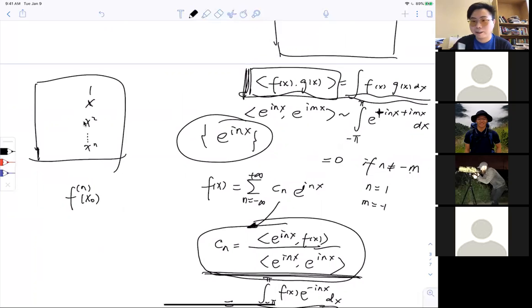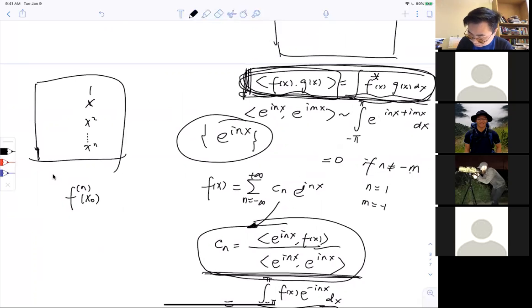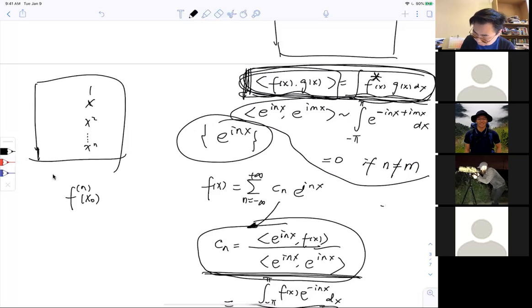Oh, so here, this is how we usually define the inner product between two functions within the vector space of functions. So here's a star, and under this definition, this is the result. This result tells us the basis is an orthogonal basis.